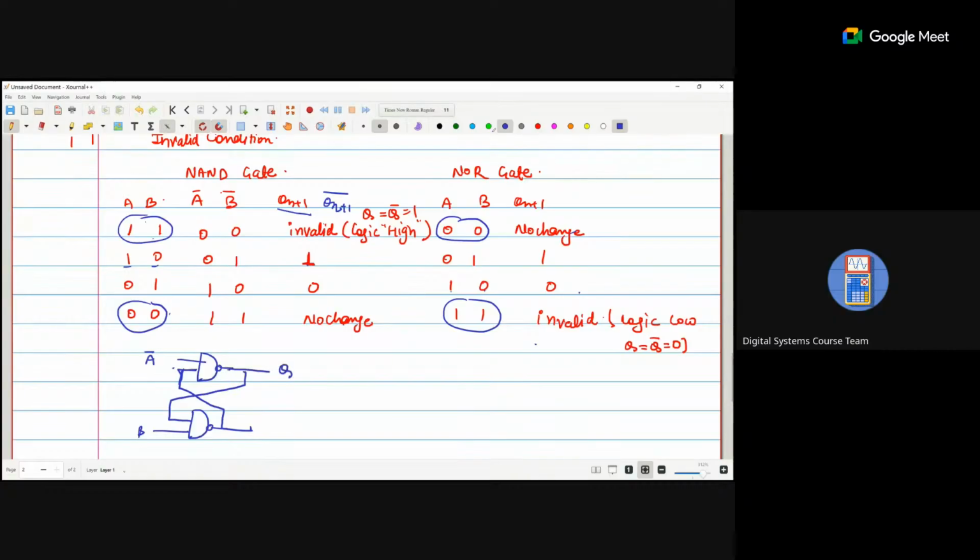Here we take the Q, now I am taking the Q bar, and here I am taking Q bar. So that will be equivalent to this. Now both tables will be same. Both circuits will be same.